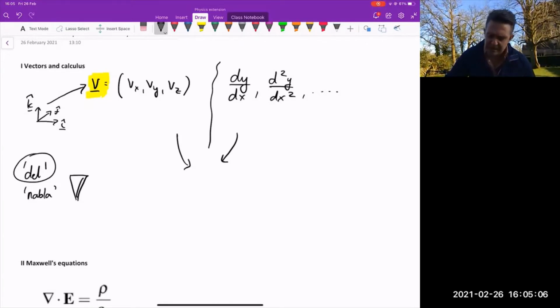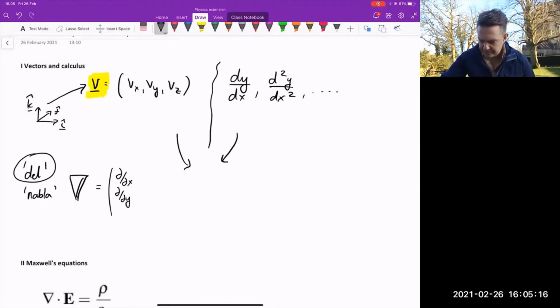This is a vector operator, and it's basically this vector. So it's a vector gradient operator, the three-dimensional generalization of a derivative. Instead of writing that whole vector, we just write an upside down triangle.